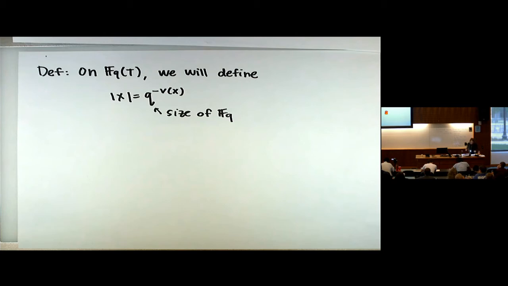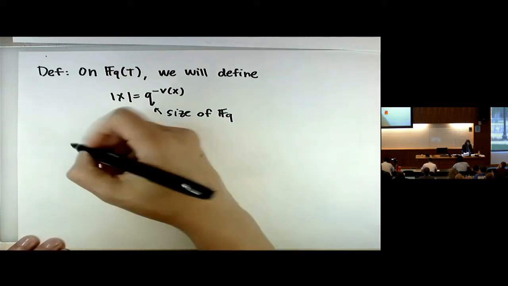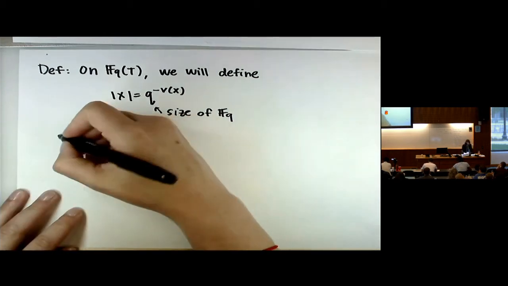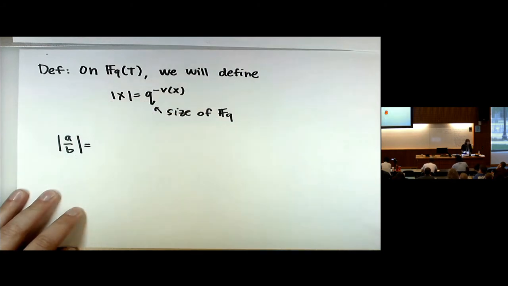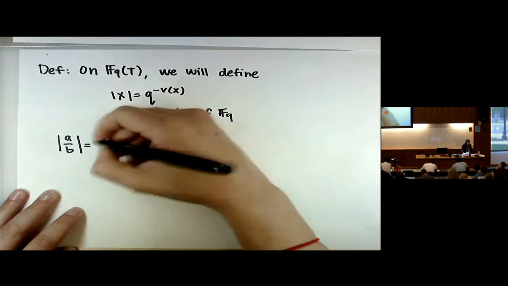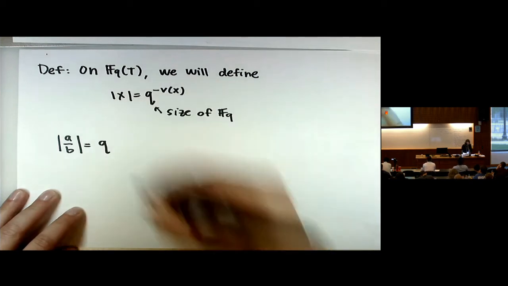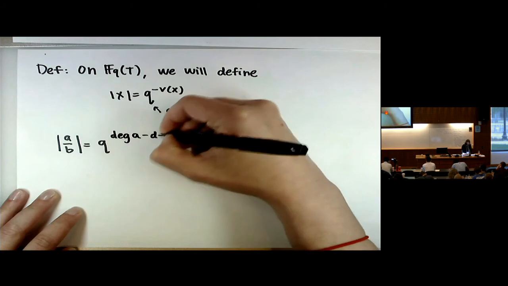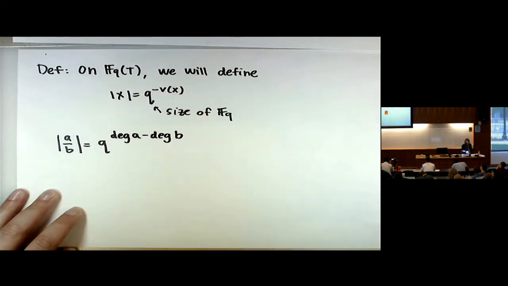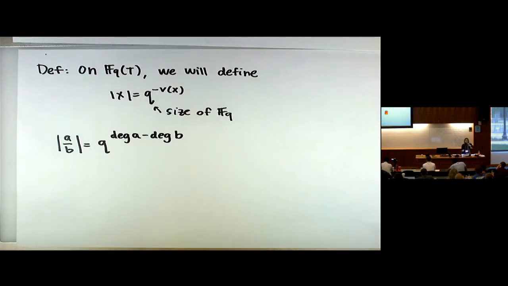Okay, so just to nail this in, because we're now several pages in, the absolute value of A over B is going to be q to the degree of A minus the degree of B. Because if you remember, my valuation did the degree of B minus the degree of A, and then I'm minusing in that anyway.